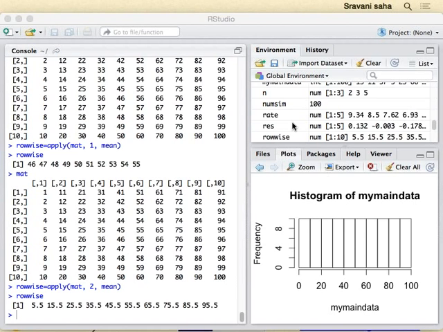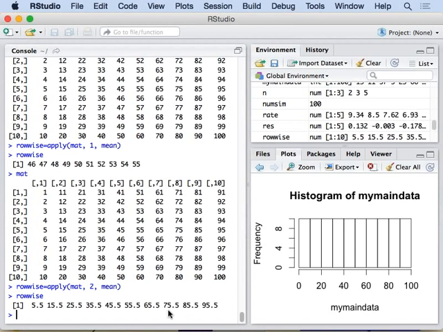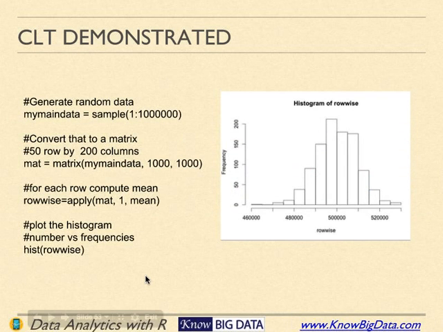What was this one? Could you show the example? The row wise. What will that apply command do? Apply will take the mean function, and for each row it will compute the mean.